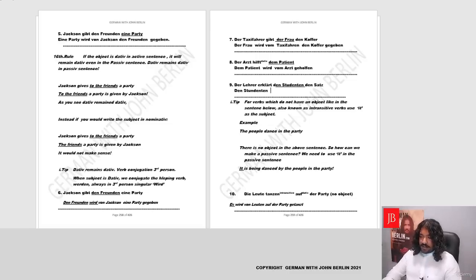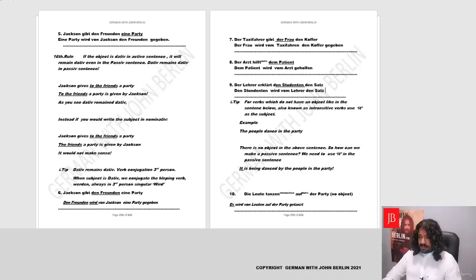The helping verb is werden and it'll be conjugated in third person, irrespective of whether this is plural or not. We'll still say den Studenten wird. Very good. Von dem Lehrer, or we could write vom Lehrer, to save us a little space. Vom Lehrer. What is explained? Den Satz. That'll remain accusative.